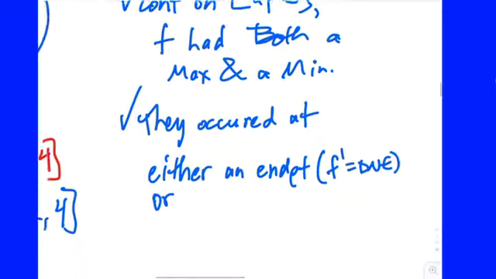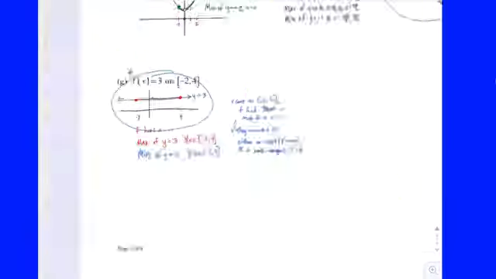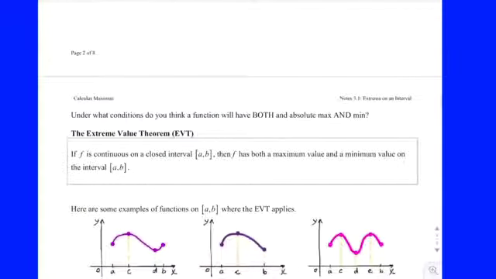Or a horizontal tangent, where f prime equals 0. We kind of discovered that. It's a small sample space, but is it enough to maybe think that it might continue? Yeah, I think so. Okay.